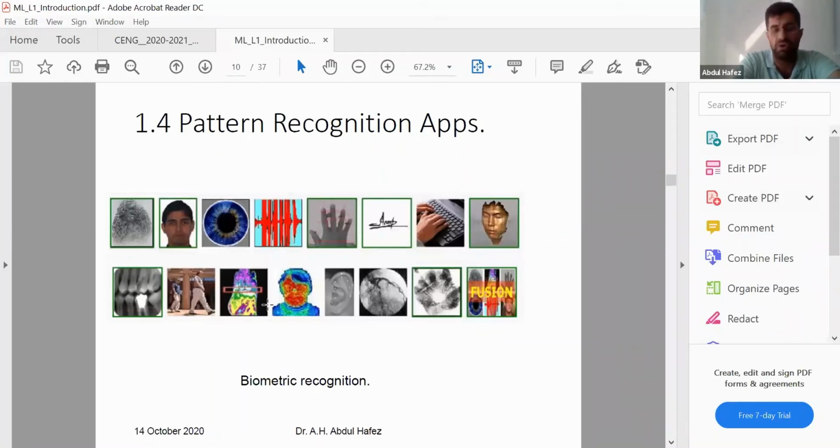More examples in biometric recognition. Biometric can vary from fingerprint recognition, face recognition, iris recognition, voice recognition, hand recognition, signature recognition, face model, face X-ray model.